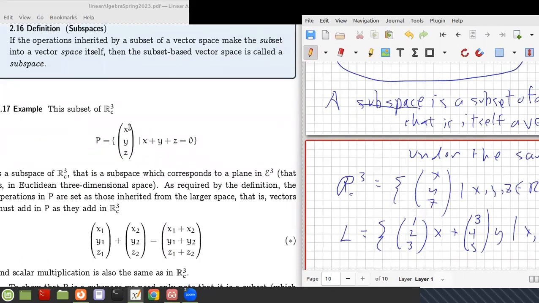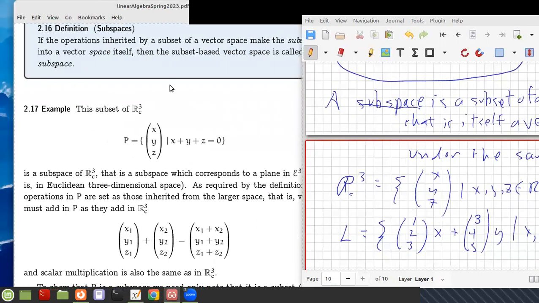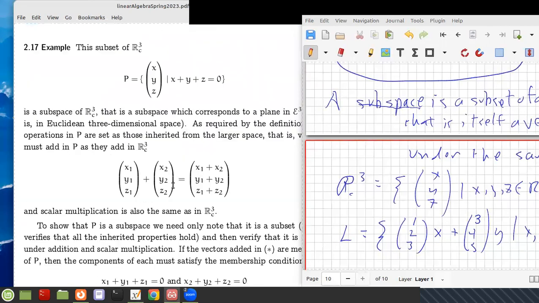So here's a subset. You have x, y, z, a one-equation linear system, and it turns out that under the same operation of adding vectors and multiplying vectors, this is a subspace.